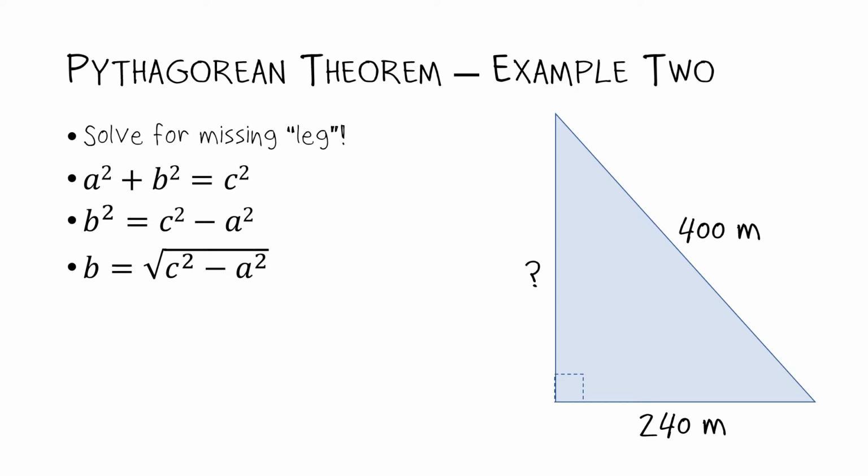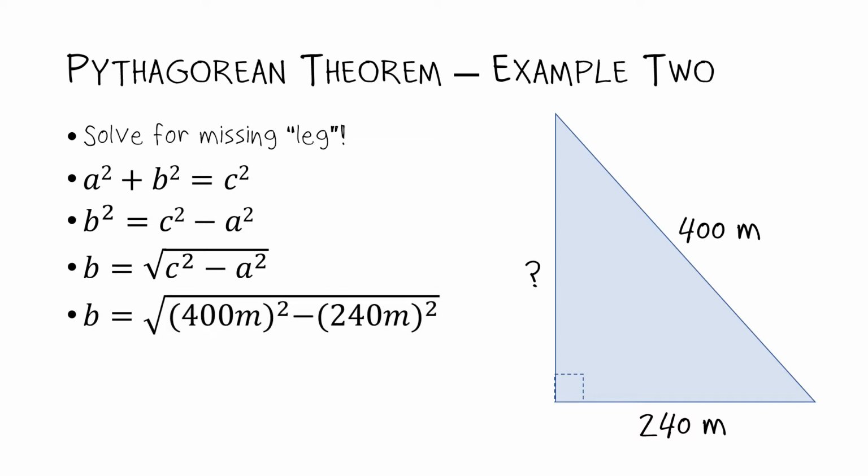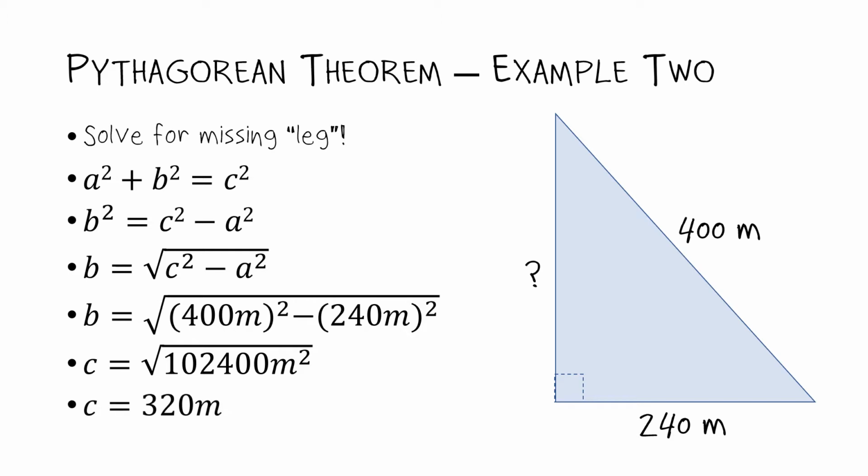And so then we have b equals the square root of c squared minus a squared. Plug in your values. Again, I like to keep the units with everything. Notice that we have meters squared under the square root, which means we're going to have meters when we're done. And the answer ends up being 320 meters. So that fits right within our range that we estimated it would be to start.